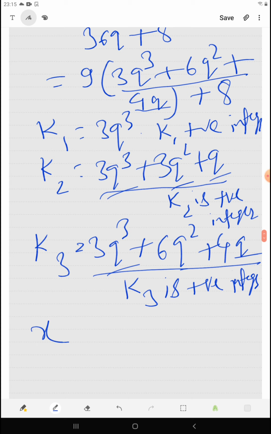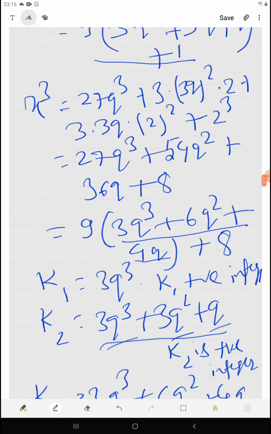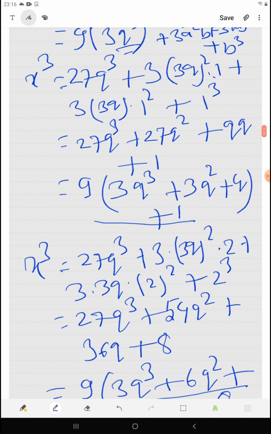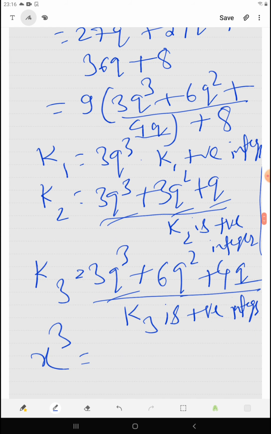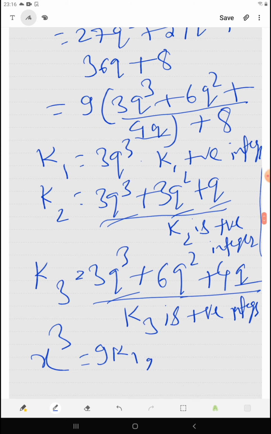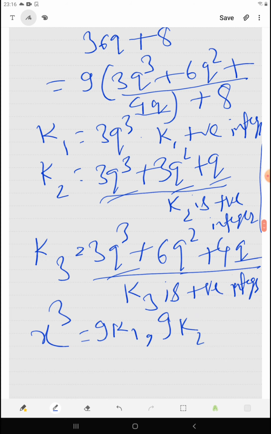So finally we got x cube is of the form 9k1, 9k2 plus 1, 9k3 plus 8. Correct? Where k1, k2, k3 are all positive integers.